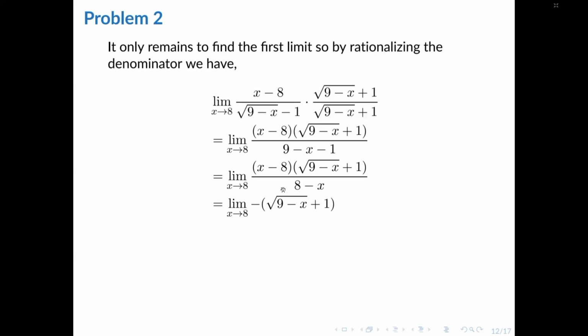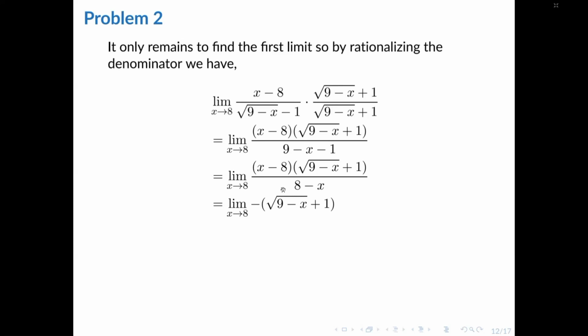So if you factor out the negative sign in the numerator, you will get negative times negative 8 minus x multiplied by the quantity square root of 9 minus x plus 1 all over 8 minus x. So you can cancel 8 minus x from the numerator and the denominator.